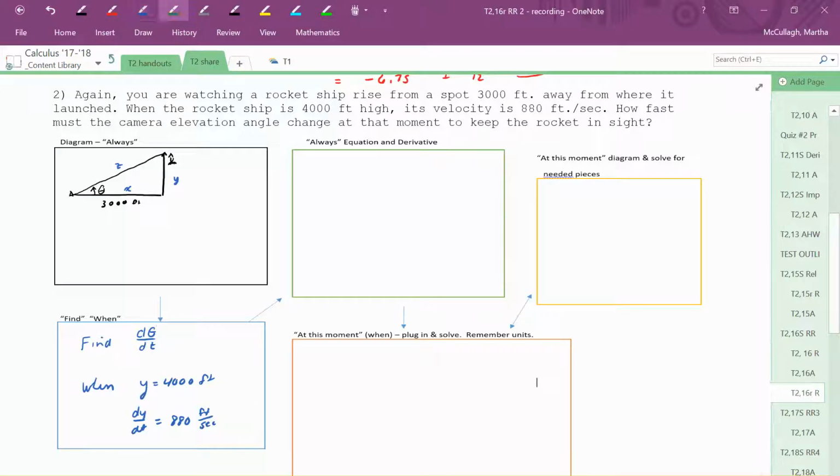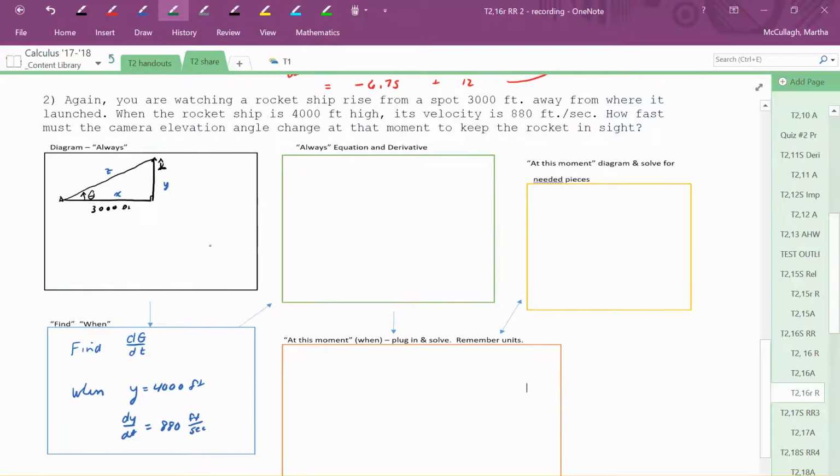The equation we're going to need to use, well, we do have a right triangle again. It's a reasonable assumption to say it's going to go straight up in the air, so it's a reasonable model to use Pythagorean theorem. It's not going to help us to get that theta. We're going to need to have an equation that's got a theta in it. So we're going to come back to, in geometry, again, when we first studied trigonometry, we had SOHCAHTOA.